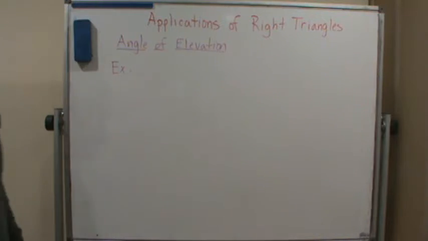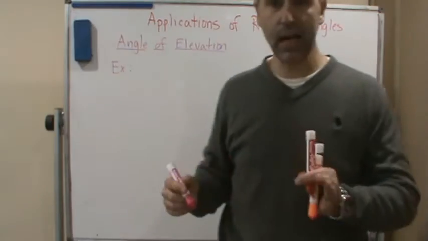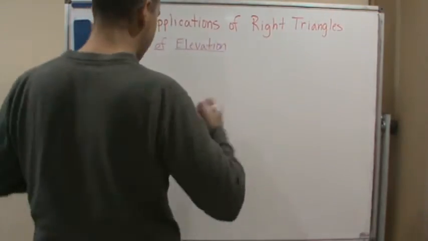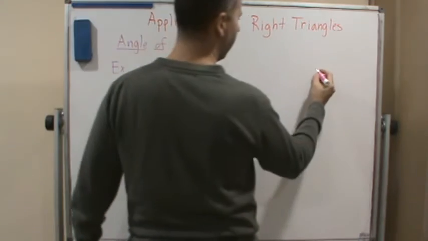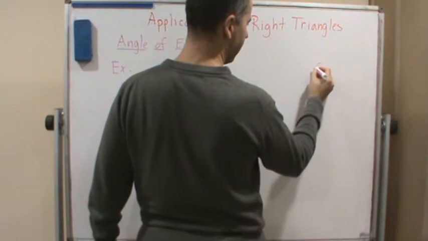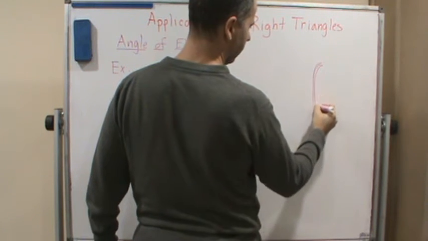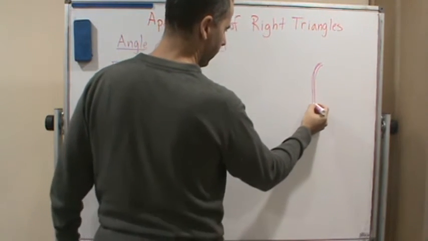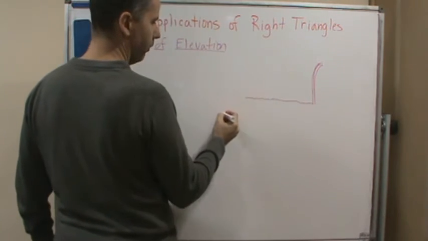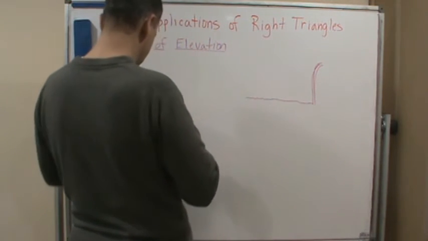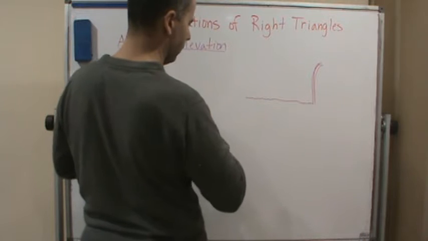Okay, so here's what's going on. Let's set up a picture. Always draw a picture. And so let's say here is the falls, so we've got the water coming down, right? And so here's the boat.